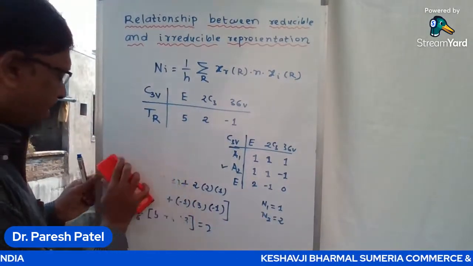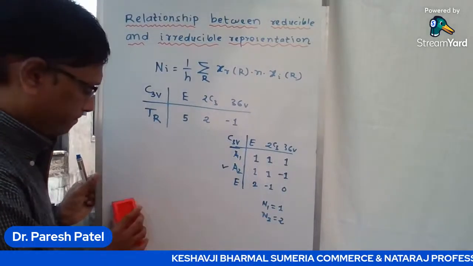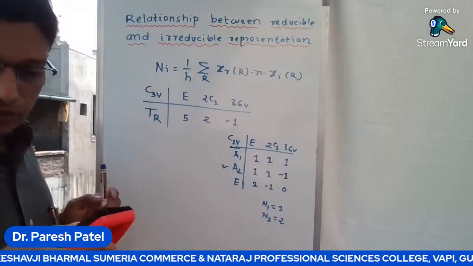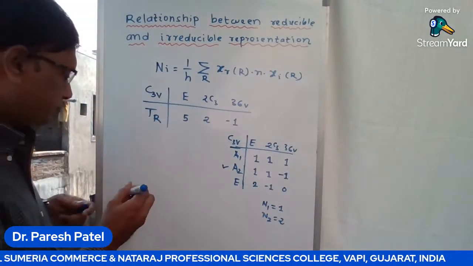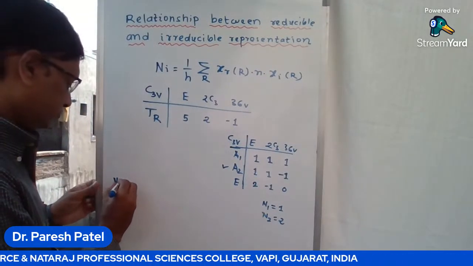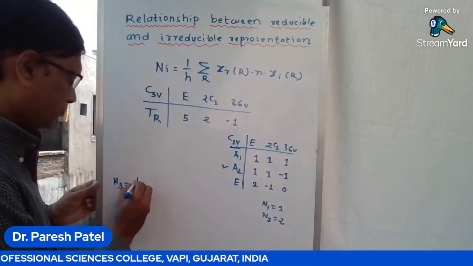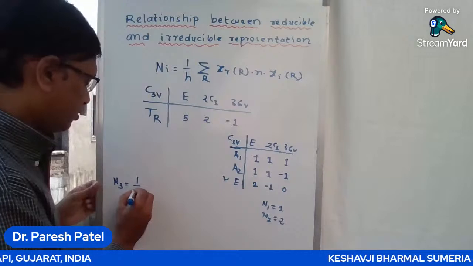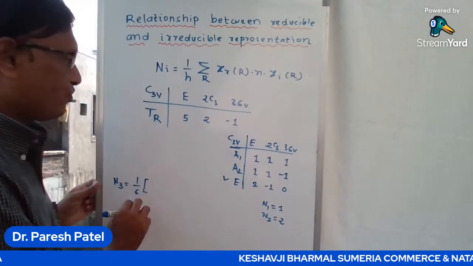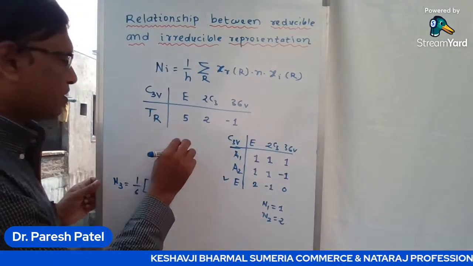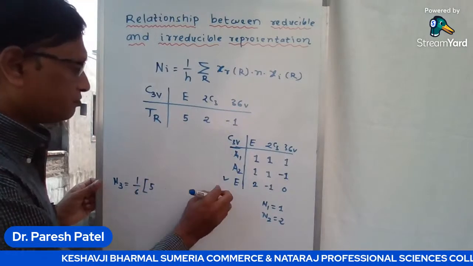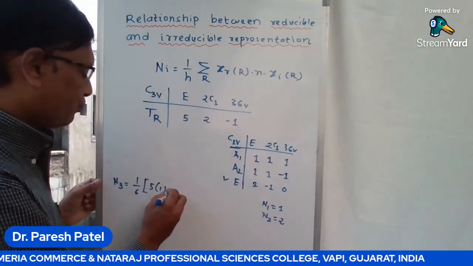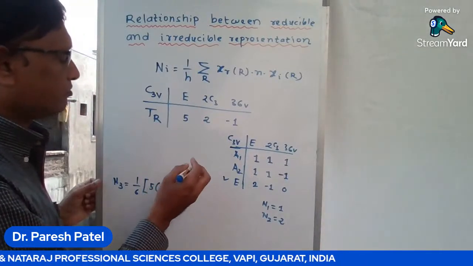Similarly, if you go for N3, N3 corresponds to E. 1 by 6, the order of the group is equal to 6. Now the reducible representation is 5, the number of symmetry operations is 1, and the character for the irreducible representation is 2.